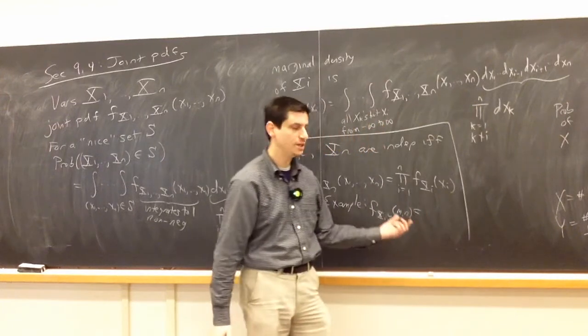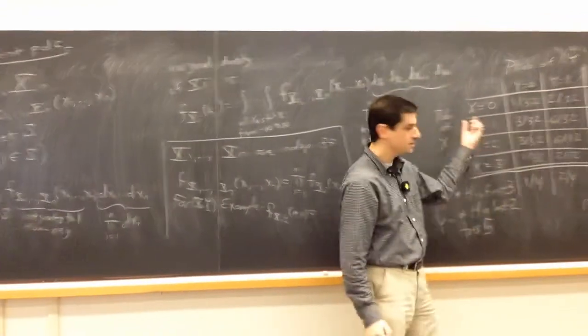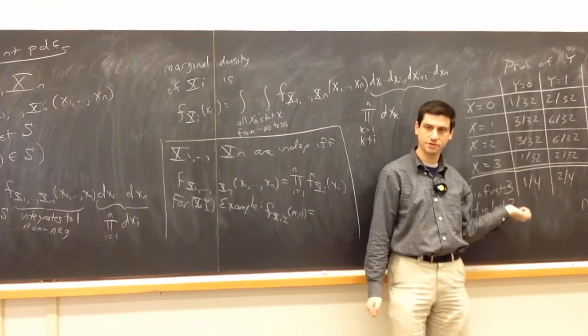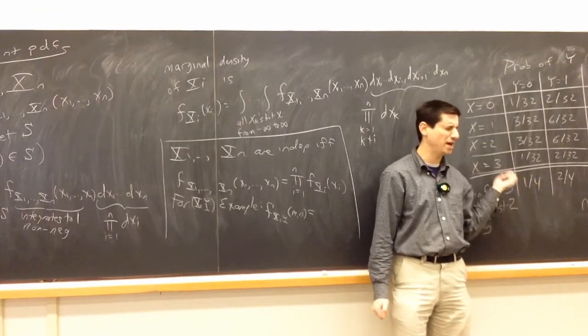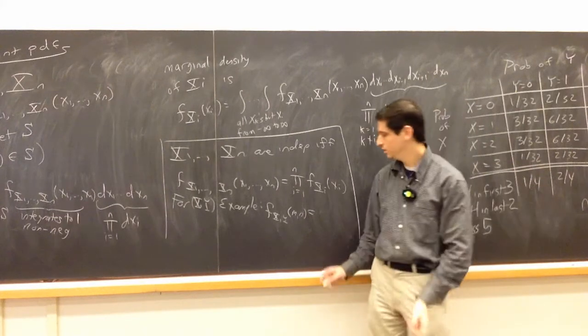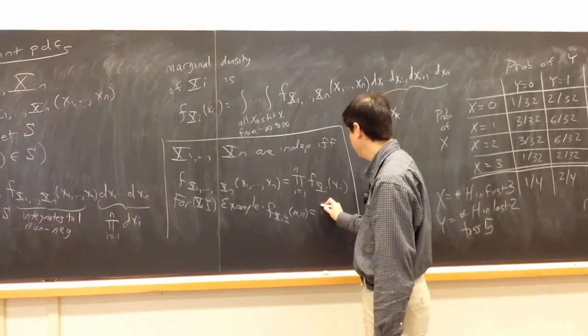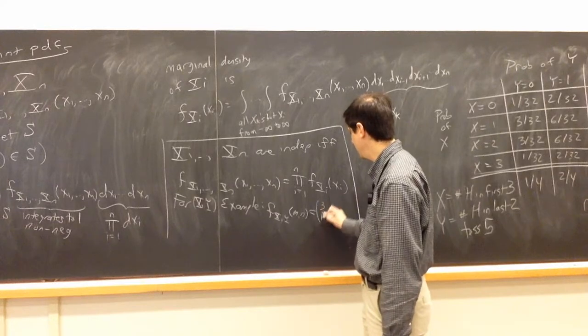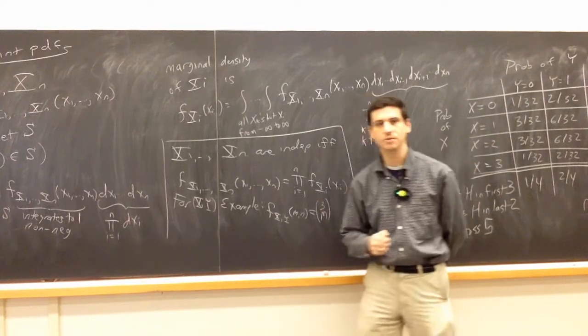So what would that mean? It means that x equals m, so I have m heads in the first 3 tosses, and n heads in the last 2. So I've got to choose, of the first 3 tosses, m have to be heads. What's the probability that that happens with a fair coin?